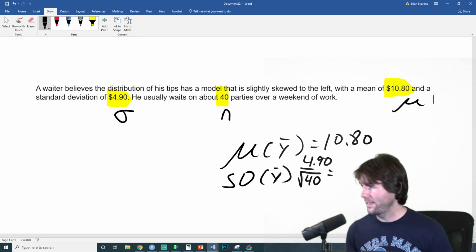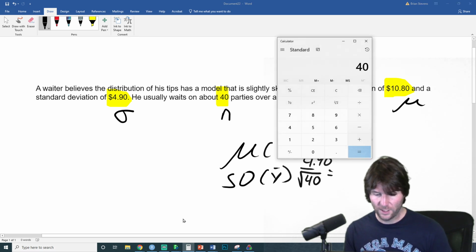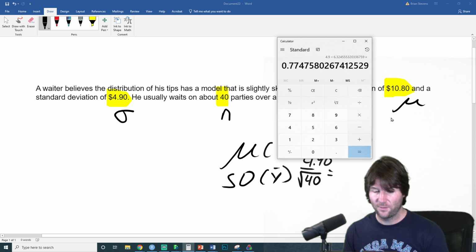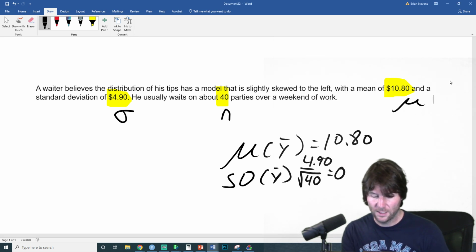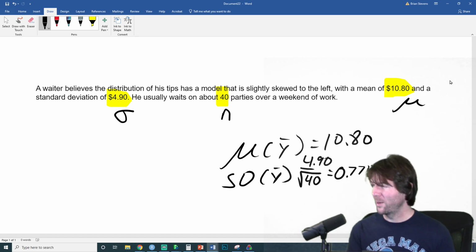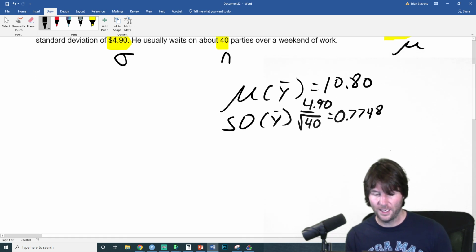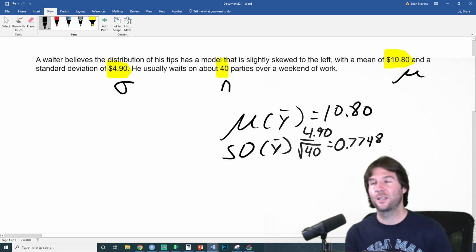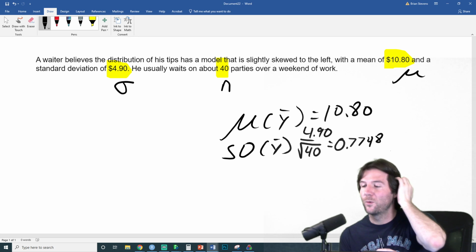So let's go here and go square root of 40, 4.90 divided by that, and we get 0.7748. So there we go right there, 0.7748. And all of this stuff right here.